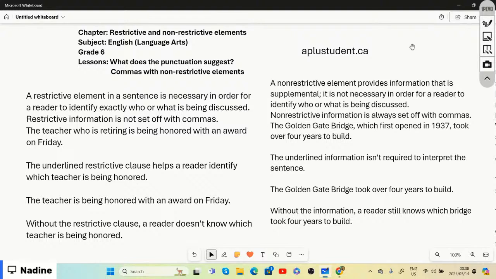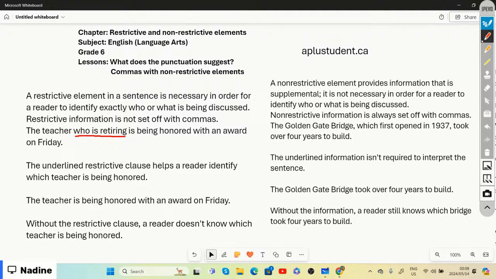Here it says the teacher who is retiring is being honored with an award on Friday, which means the restrictive clause within that sentence helps a reader identify which teacher is being honored. We can say it is the one who is retiring. Because if we just say that the teacher is being honored with an award on Friday, and there are maybe 15 teachers in the school or more, everybody is going to wonder which teacher is going to be awarded.